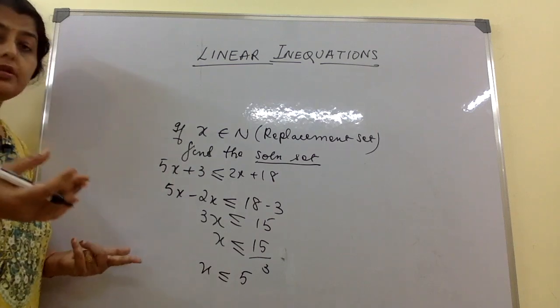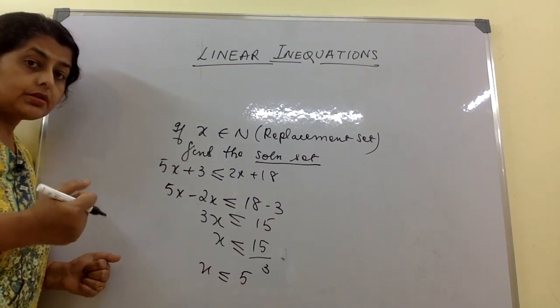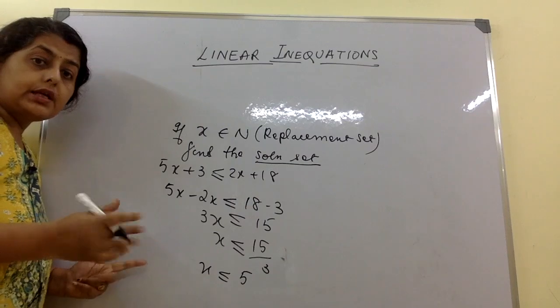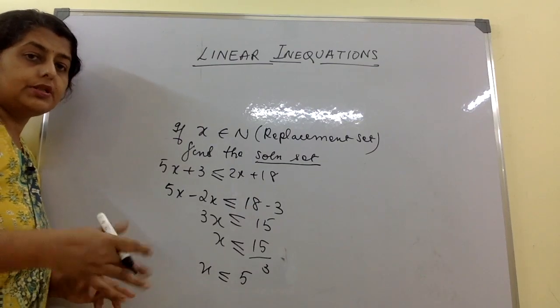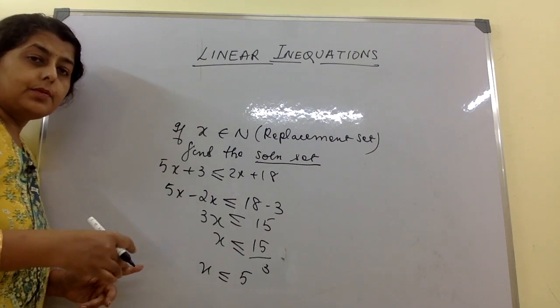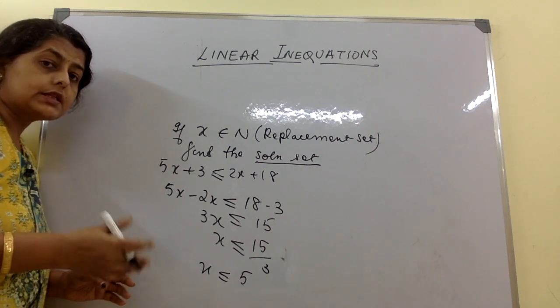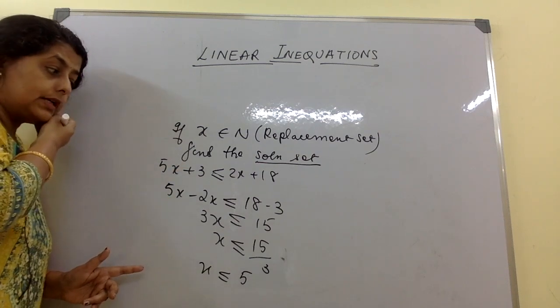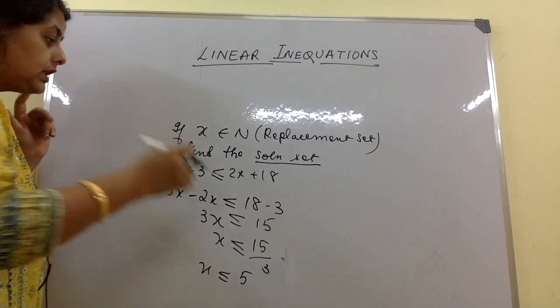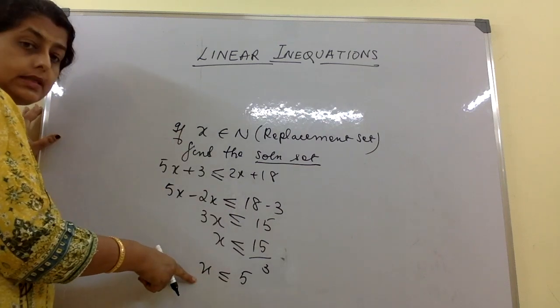Till now, did you see any difference between equations and inequations? Till now there is no difference. So let me just continue and I shall tell you what exactly differentiates inequations from linear equations.